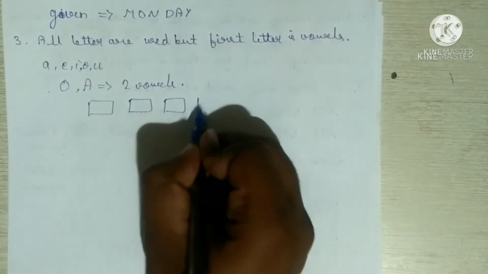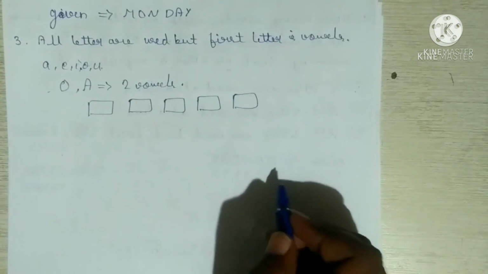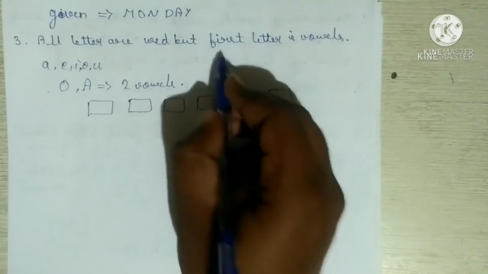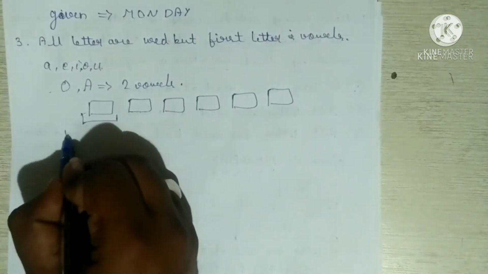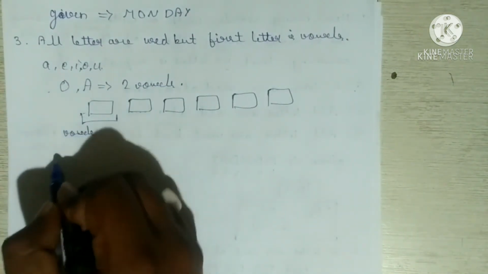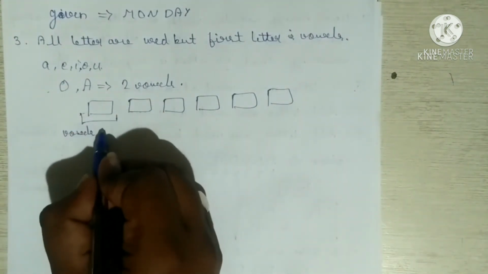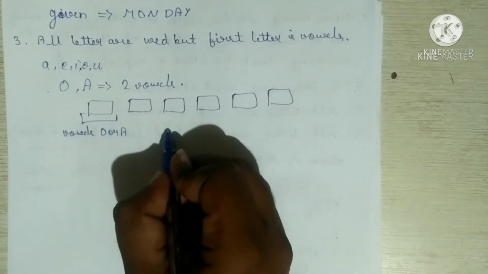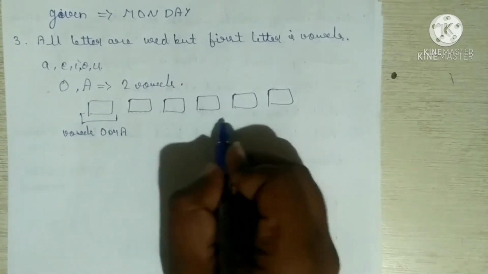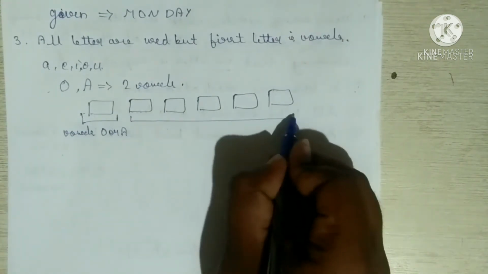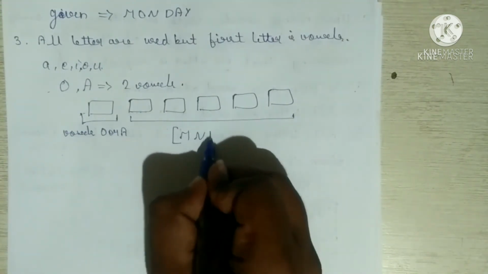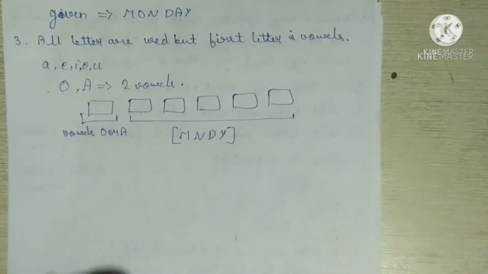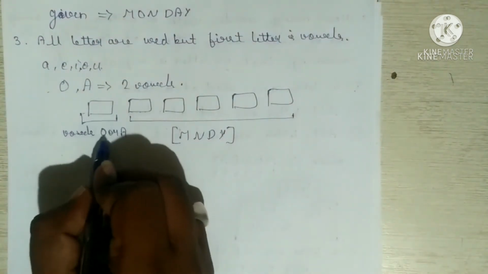With the help of 6 letters, we need to find the words formed with or without meaning, where the first letter is a vowel. This can be O or A, and all other terms are M N D Y. This M N D Y is not a vowel.